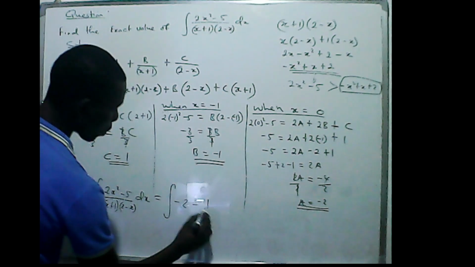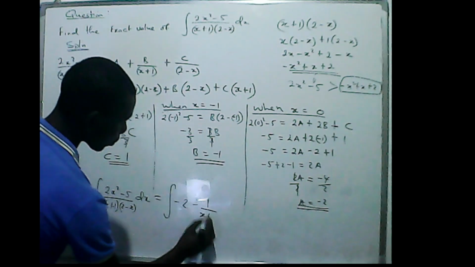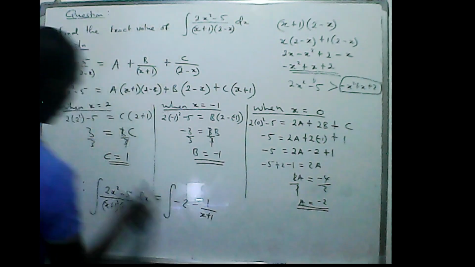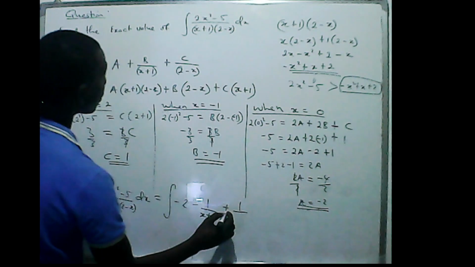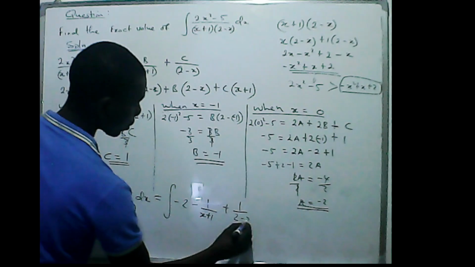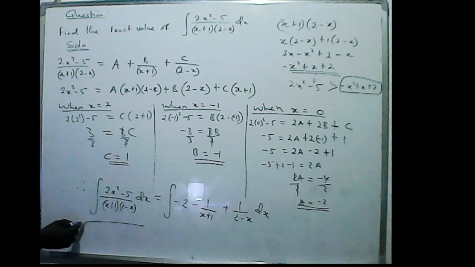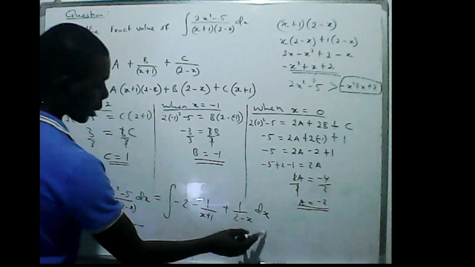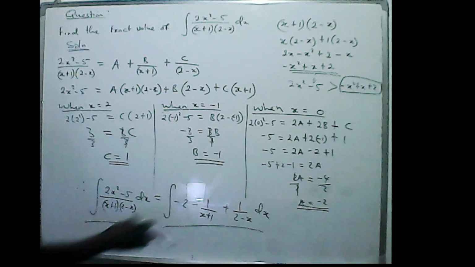So it's minus 1 over x plus 1. Then we have c, plus 1 over 2 minus x dx. So now, instead of integrating this function, we will integrate this function, right? So now, let's integrate this function.